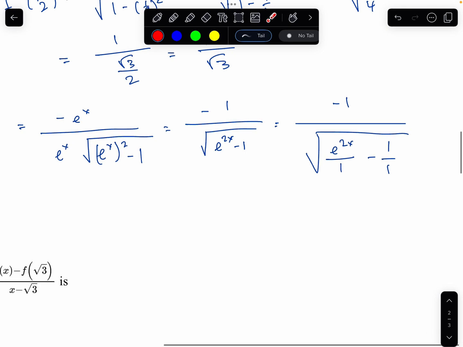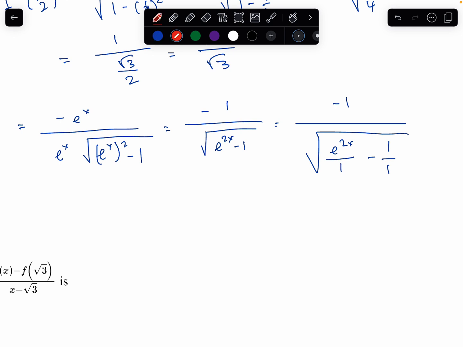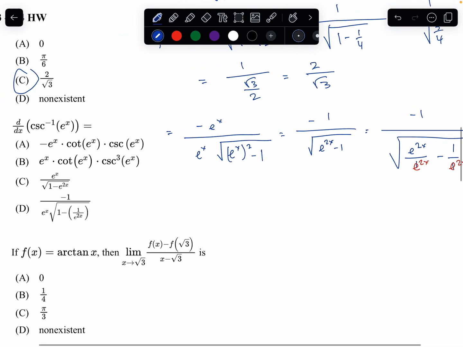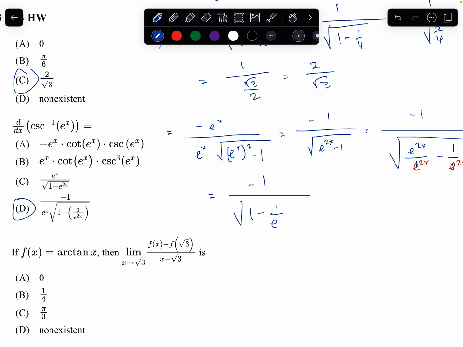So if I divide, this is so weird, divide this by e to the 2x. I still don't understand how that's going to get D. That's going to be equal to -1 over the square root of 1 minus 1 over e to the 2x.